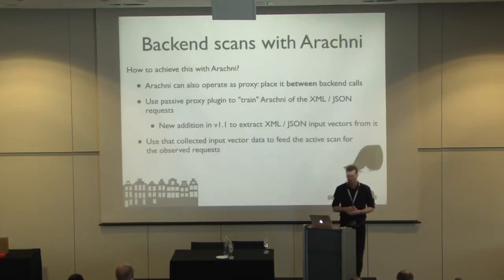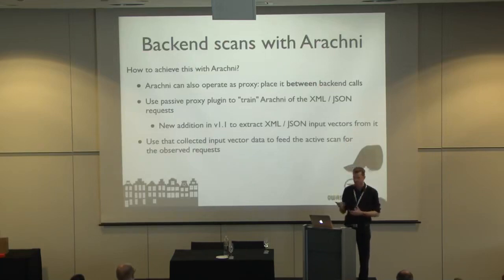How can we achieve that with Arachni, for example? Backend scans with Arachni can also be done in a way similar to the way that ZAP does that. Basically, we can train Arachni on the XML or JSON requests prior to the active scan phase by having it act as a passive proxy between the server-to-server calls, between the backend calls.